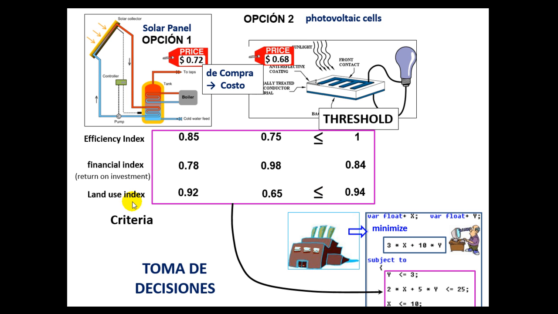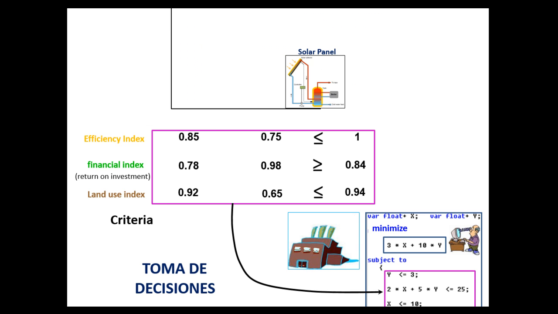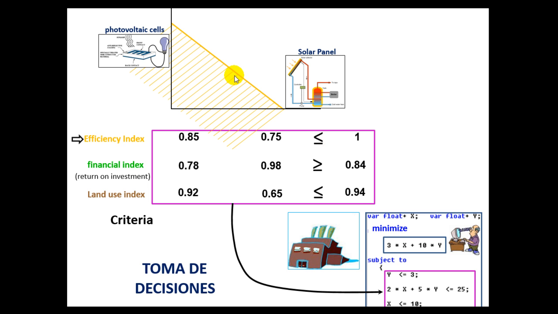You want to use only a certain amount of land, and you want a minimum, in this case, financial return or investment. So in this case, what you have is here solar panels and here photovoltaic cells, and then this, because it's less or equal, is like before.